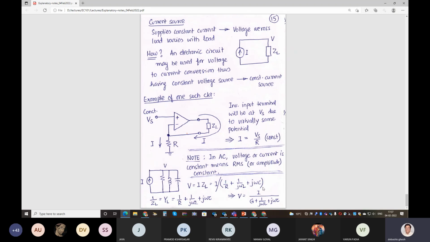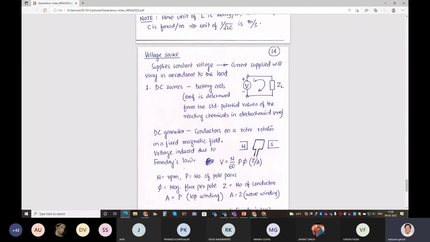Just one thing, something which I have not written here, I have missed it. This V is actually ideal. That means whatever voltage we consider generated here, that voltage is also appearing at the terminals. But actually, we don't get it.